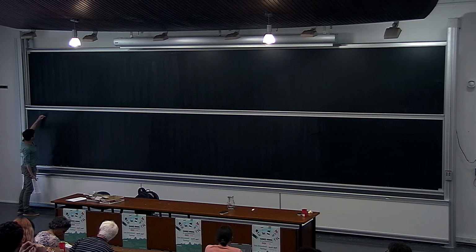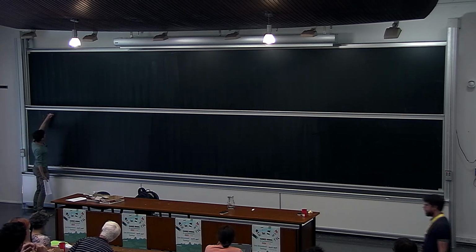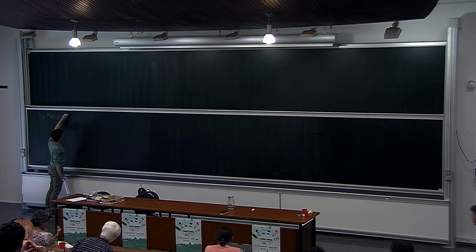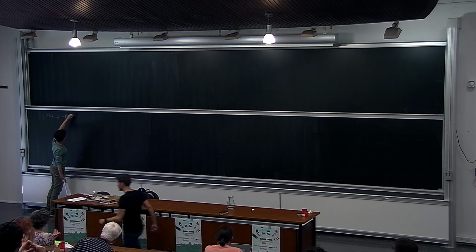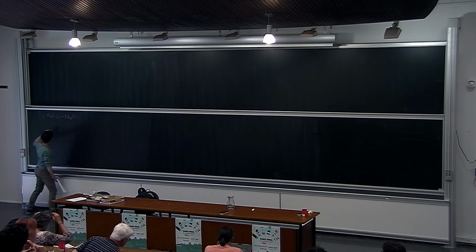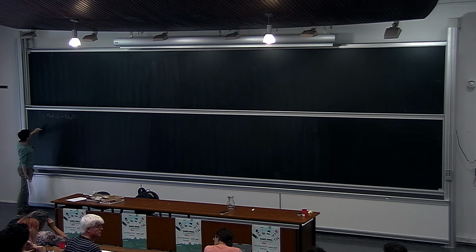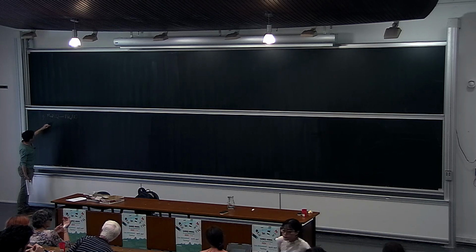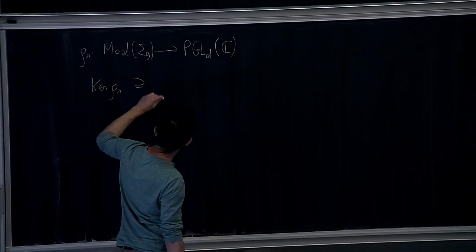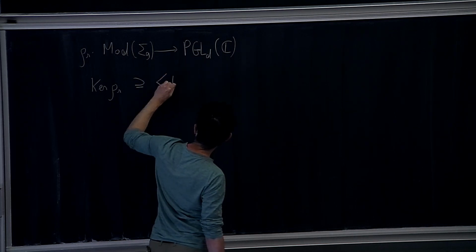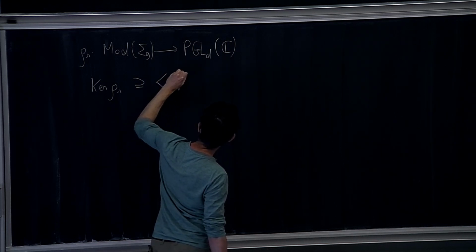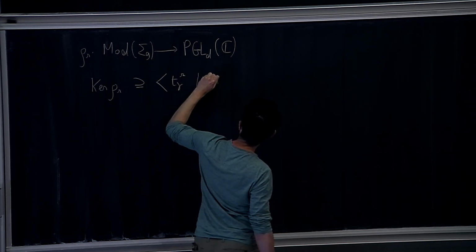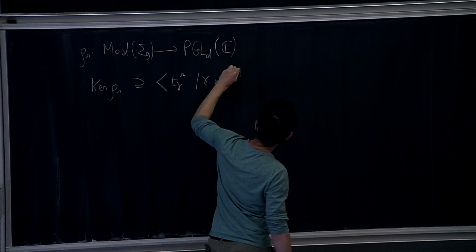We have those representations from the mapping class group of sigma g to the projective general linear group over C. And one of the things we learned is that the kernel of rho_R contains the subgroup generated by half powers of Dehn twists along all simple closed curves on sigma.